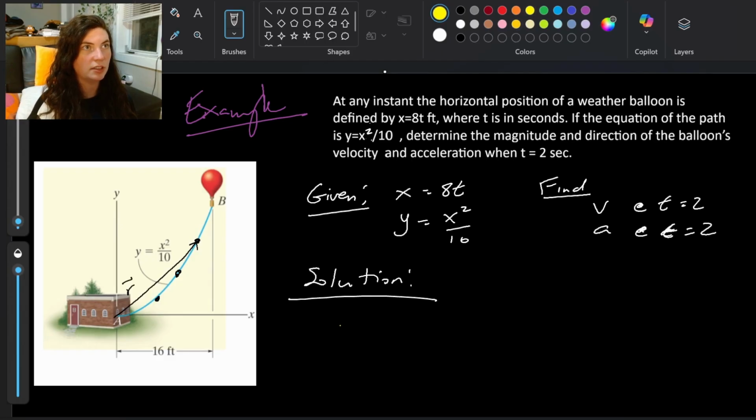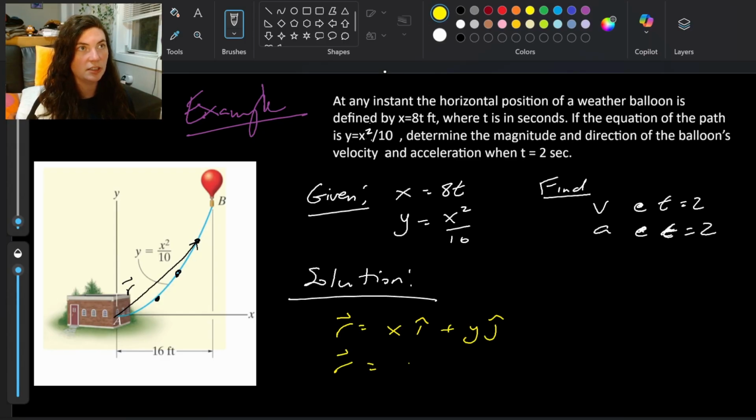So that position vector, again, r, is going to be x i hat plus y j hat. And we have no z component here since they didn't give us one. It's happening entirely in this 2D plane, so we won't need to worry about a z component. What we can do instead is just start plugging things in, right? I know my x in terms of t, and I want everything in terms of t, right? I have to take derivatives with respect to time. So I want everything in terms of t's.